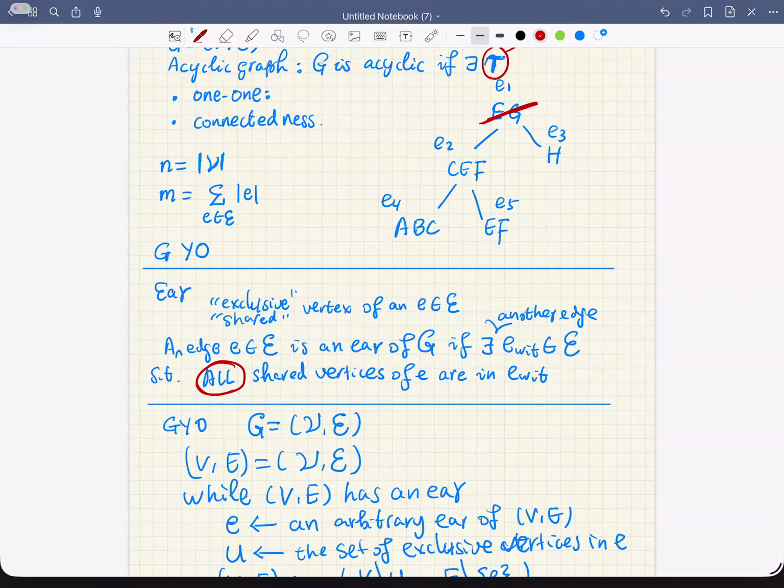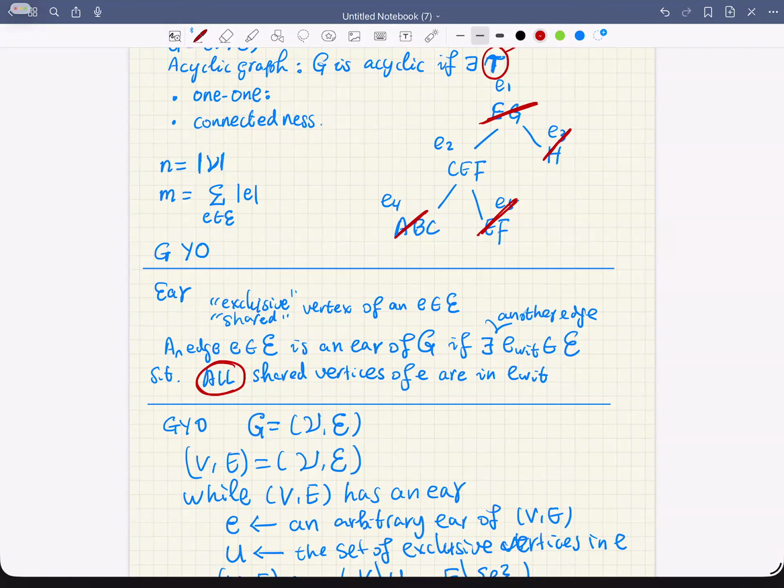So you have three choices: E4, E5, E3 are still ears. Which one would you like to go next? How about E5? So now you have three edges left. I think this starts to be boring. So next you could remove E3 or E4, that's E3, and then next E4. And now CEF is an ear.